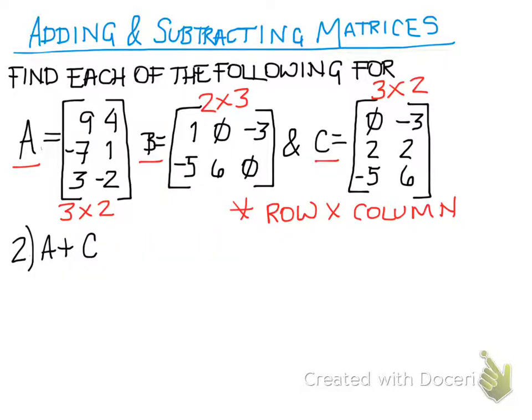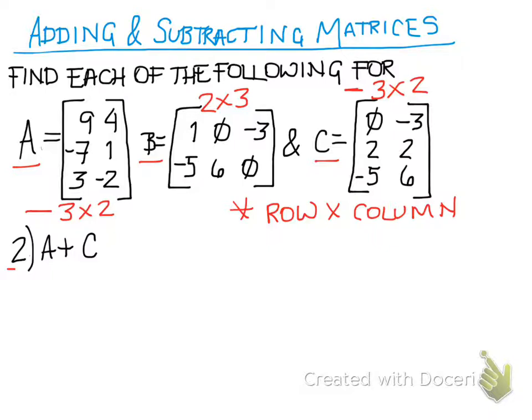However, for the second problem, where we're adding matrix A and matrix C, this is possible because our dimensions are the same. Matrix A is 3 by 2 and matrix C is 3 by 2. When the dimensions are the same, the first thing we do is rewrite the matrices.